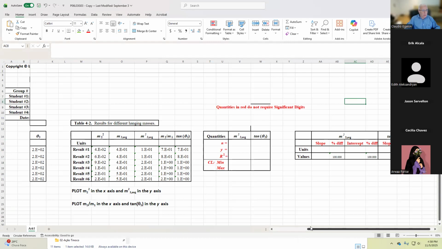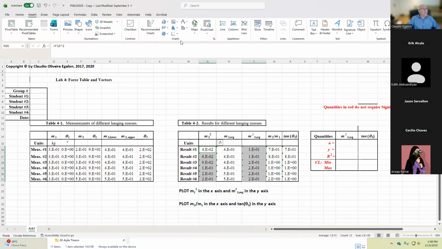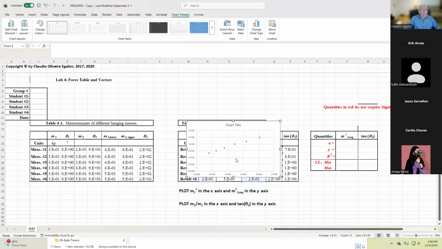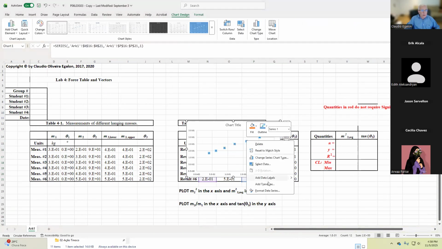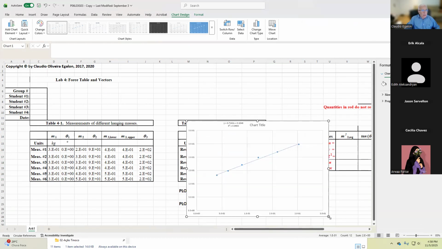I'm going to plot the graph. M3 average square, M2 square. Insert chart, add trend line, display R square. Yeah, that's right. Okay, so there's nothing wrong. Whatever you got is the correct value.